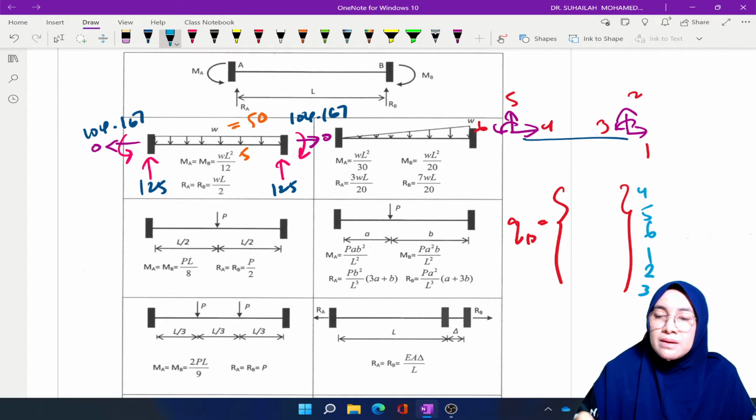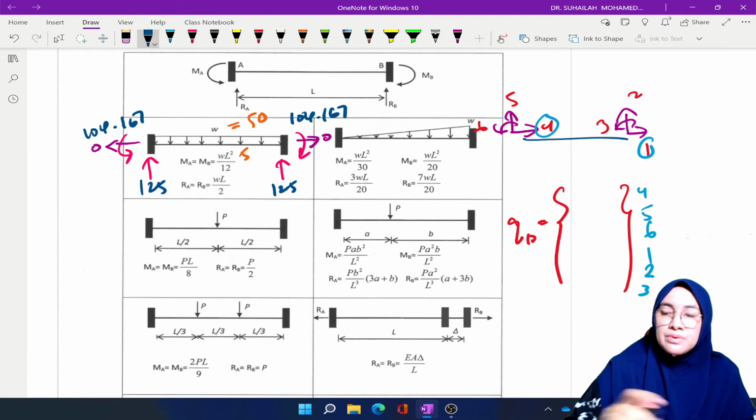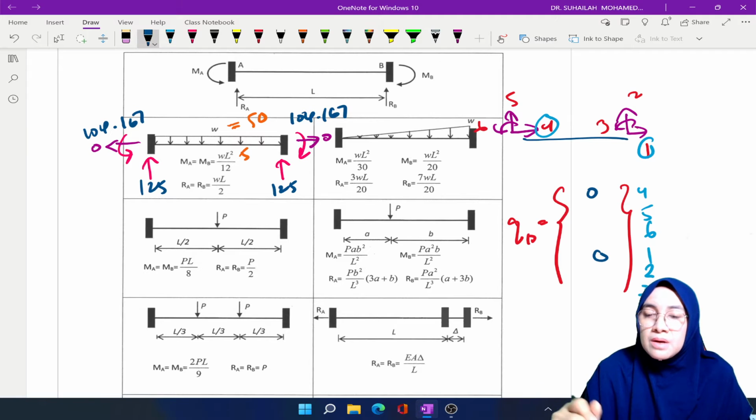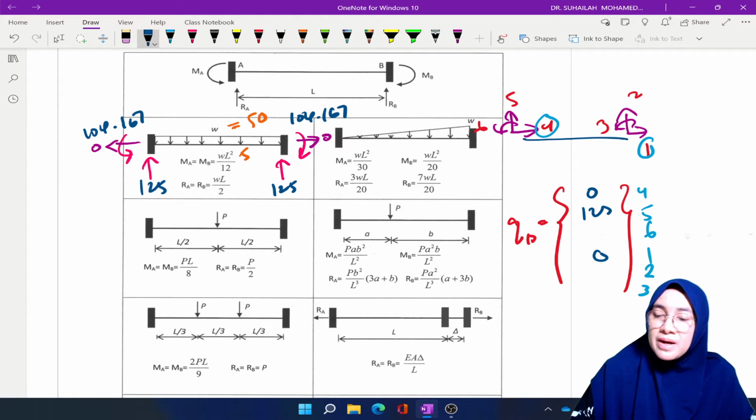So we know that 4 and 1 will equal 0. 5 and 2 are positive, 125.